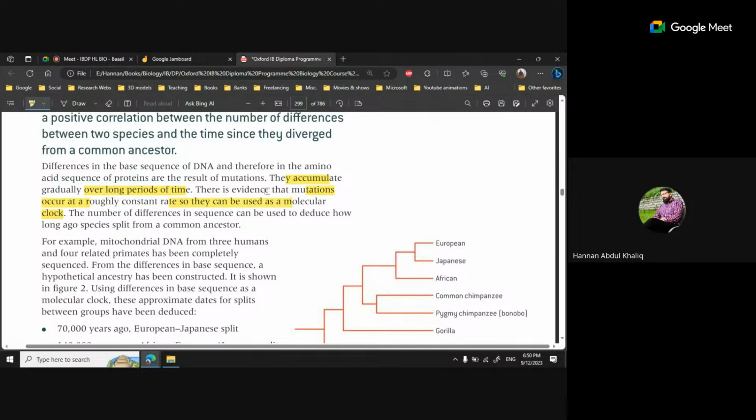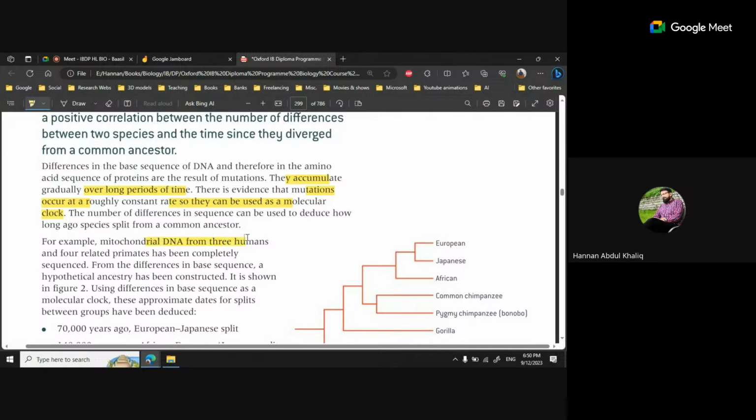Like, if one mutation occurs in human beings every 100 years, then we can determine that this mutation might have occurred 100 years ago, and this one 200 years ago, or something like that.